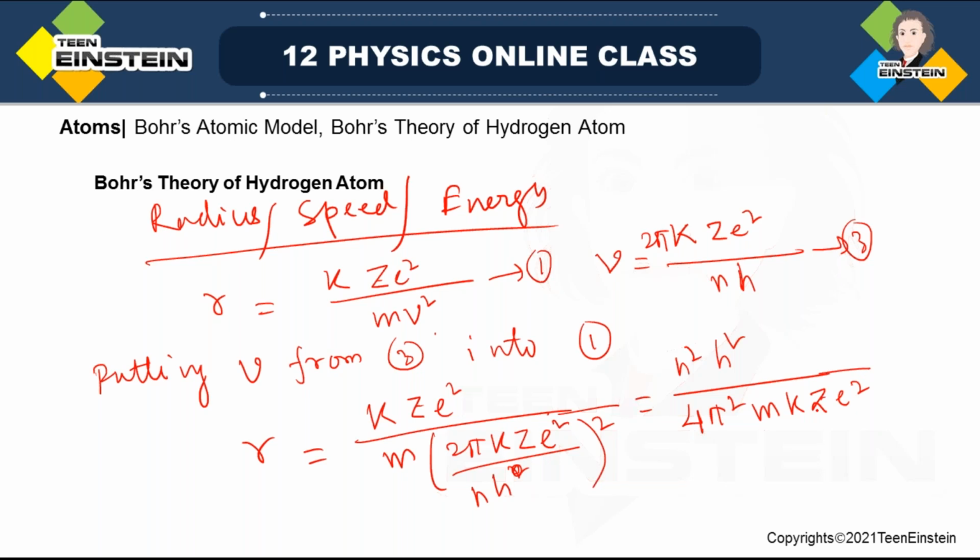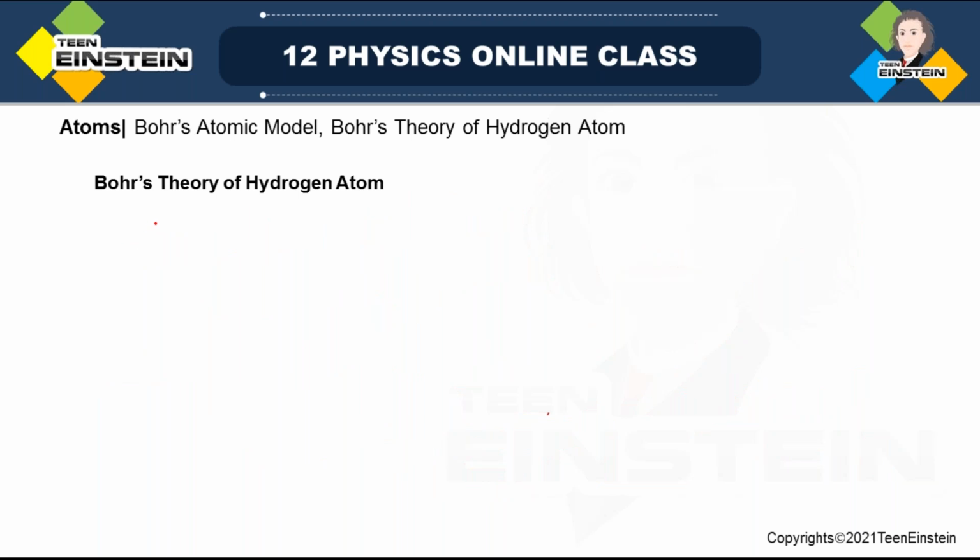This is equation number 4, and this is the actual expression for radius. We'll go to the next page and write the expression for radius.